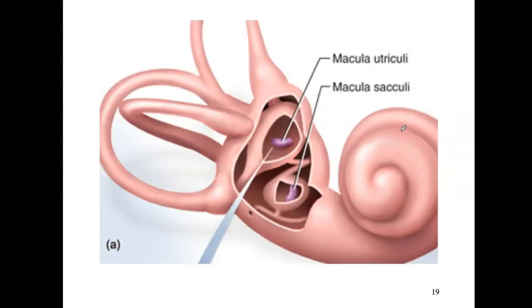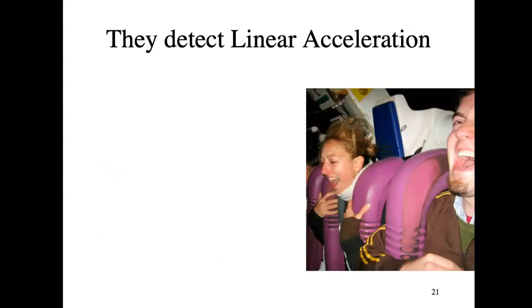Okay, so this is enlarged for you, sort of too enlarged. It's lost its acuity here, but that's okay. We can see how it's flattened up. And these locations are going to detect linear acceleration. Okay, linear, not rotational.